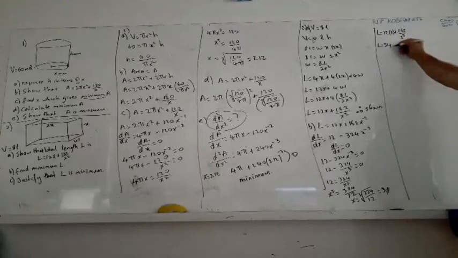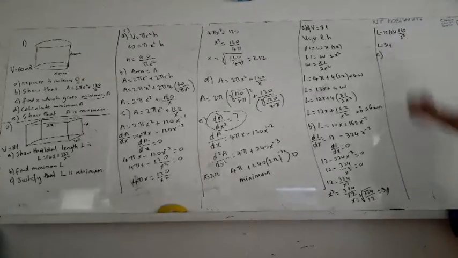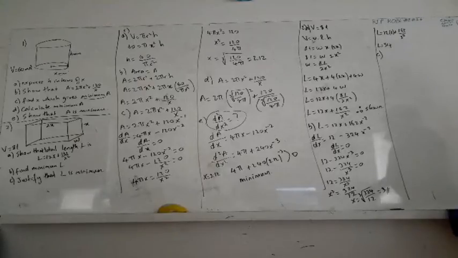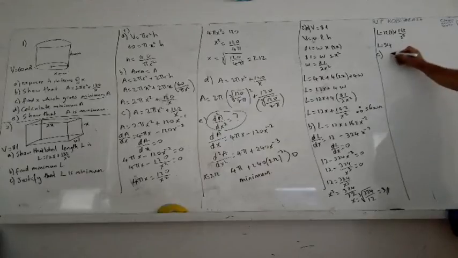Justify, again, means take the second derivative and substitute the x value that we already found. dL over dx was 12 minus 324x to the power of minus 3.